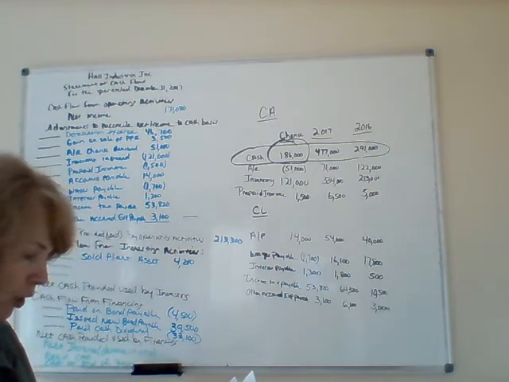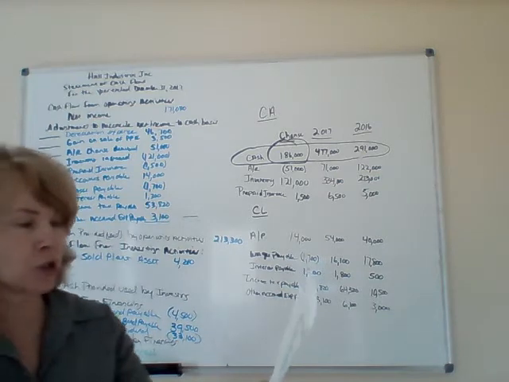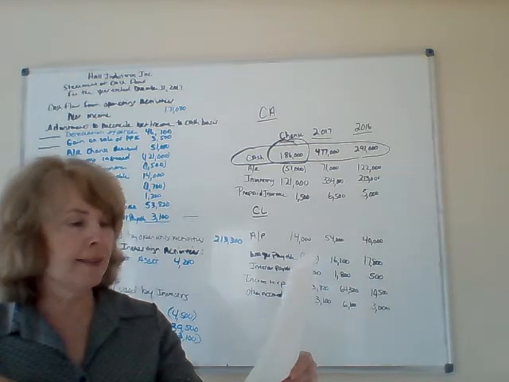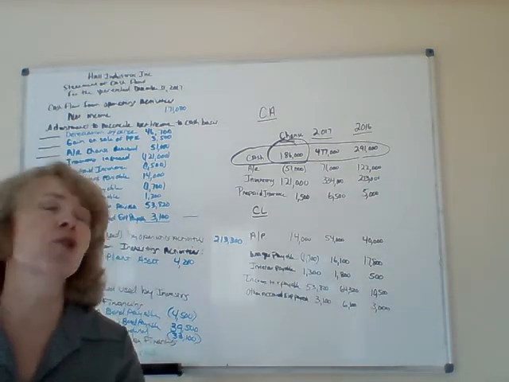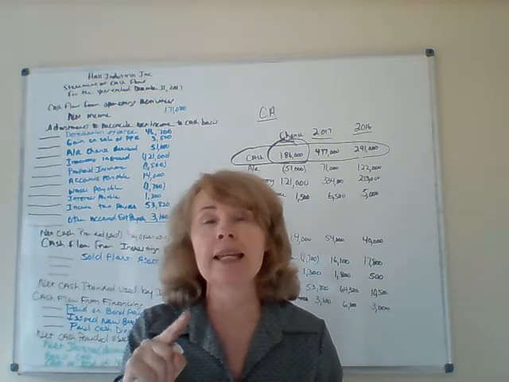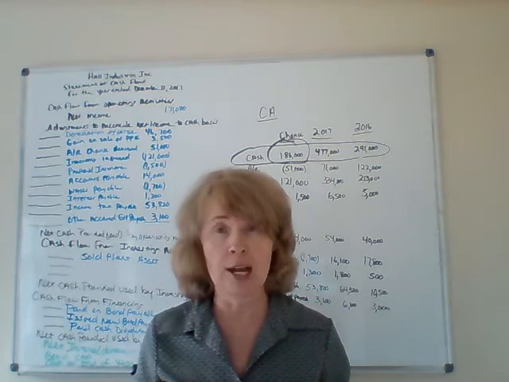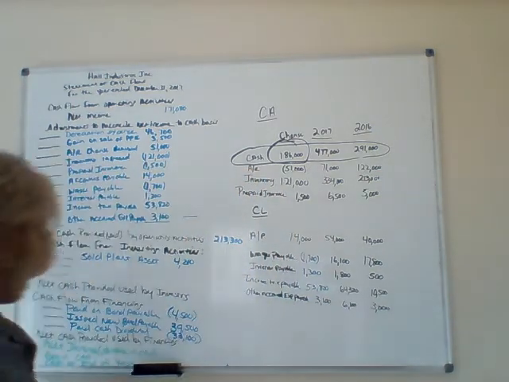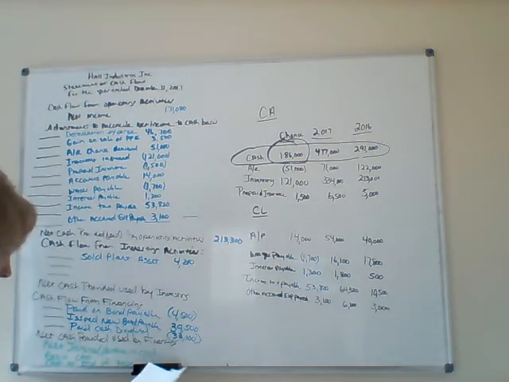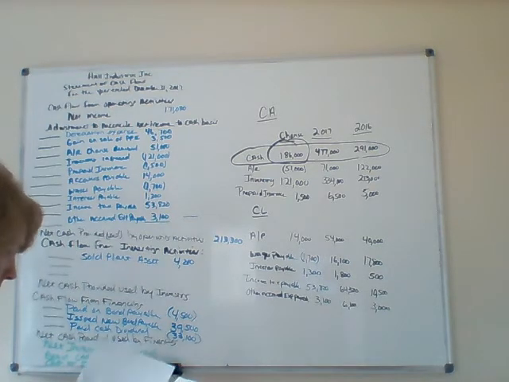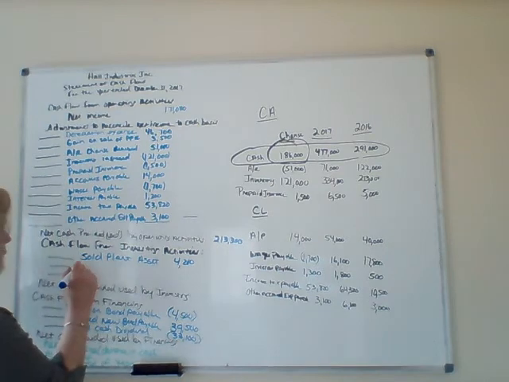Then I go up to D. Purchase new equipment for 13,100 paid cash. Equipment is in the investment section. You have to know which item goes in each section. So I go back over here. Purchase new, that was an investment.